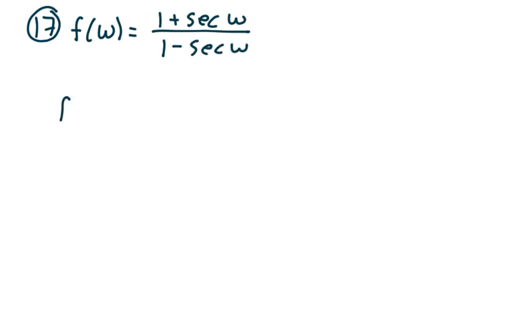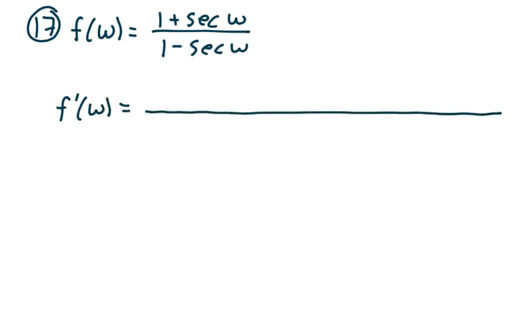And I want f prime of w. Well, I'm going to take the low function, which is 1 minus secant w. I'm going to multiply by the derivative of the top function, which is secant w times tangent w.